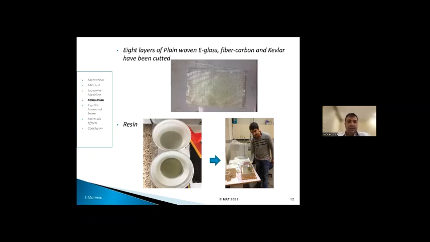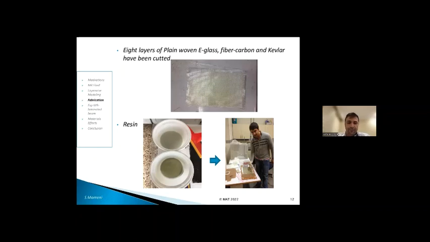After that, the resin is applied to the different layers of the composite by the hand layup method. After that, you should place the structure into the autoclave for 560 minutes at 85 degrees centigrade.